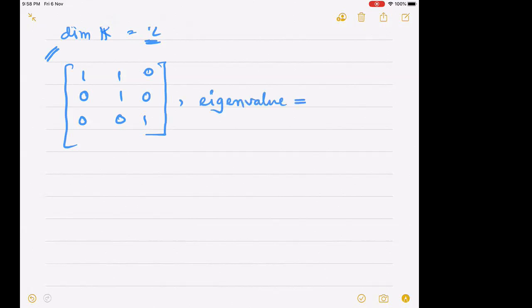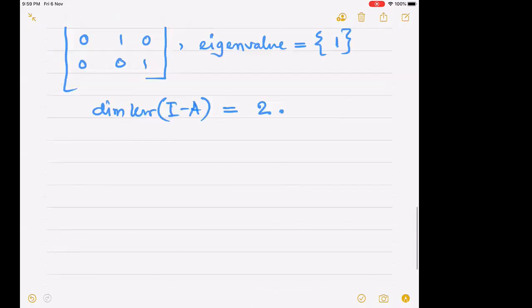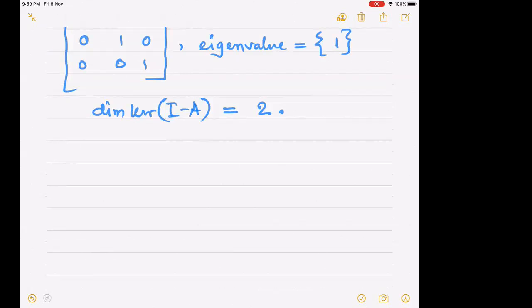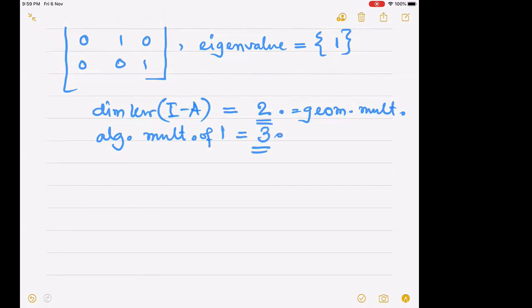The dimension of the kernel of identity minus A in this case would be 2, which is less. This is the geometric multiplicity, whereas of course the algebraic multiplicity of 1 is in fact 3. This is another example where it's not diagonalizable.